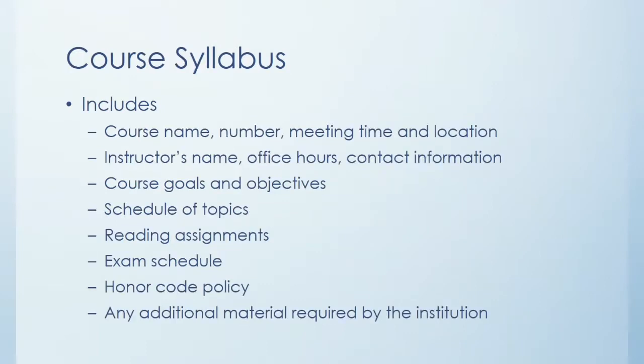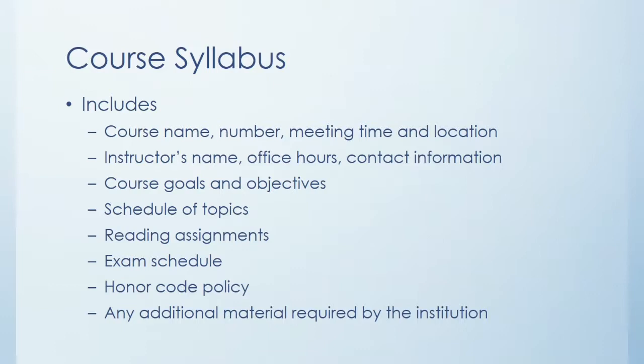So the course syllabus, there are some things that are required. The universities have templates that are available and that have required components of a syllabus. So definitely the course name, number, meeting time, and location, so you know what class you're taking and where you need to be. The instructor's name, office hours, and contact information.